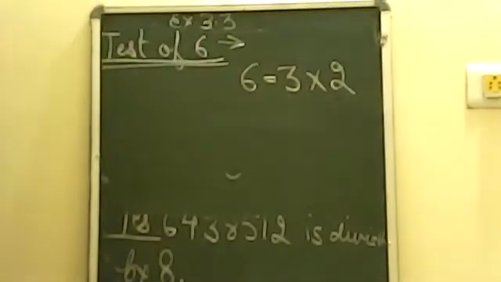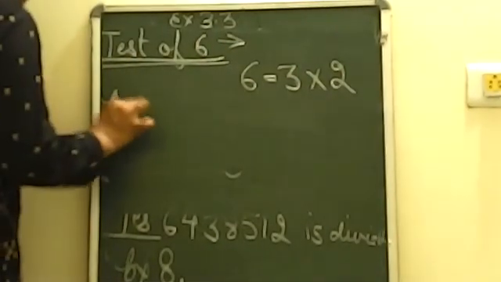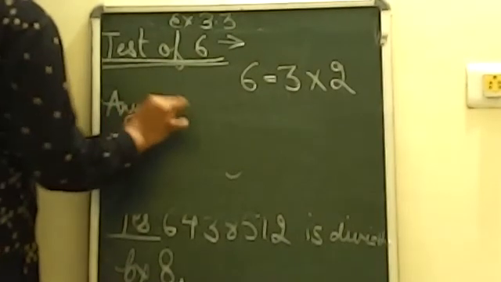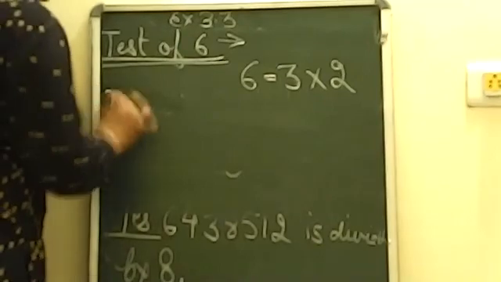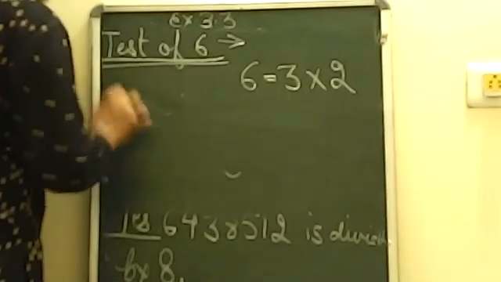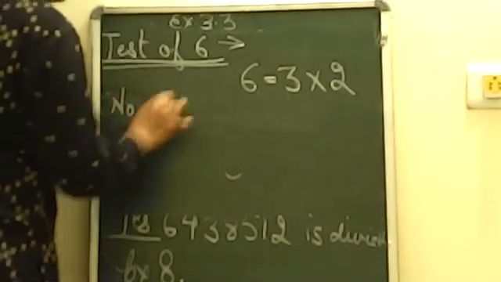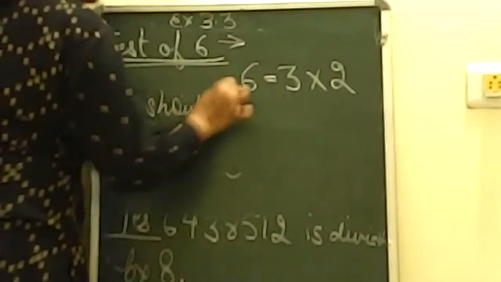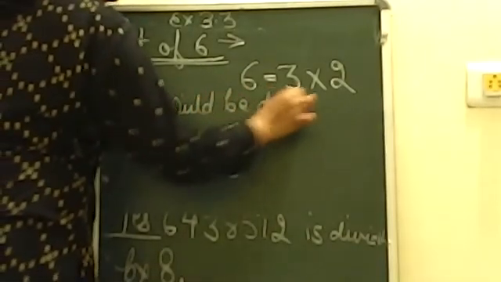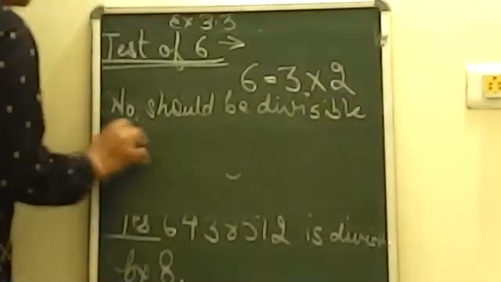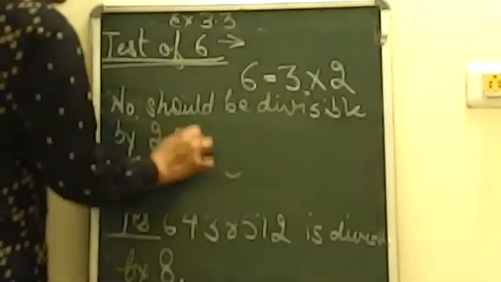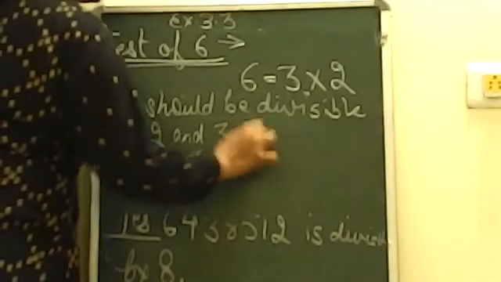So remember, any number, sorry, we'll write it down this. If a number should be divisible by 2 and 3 both.